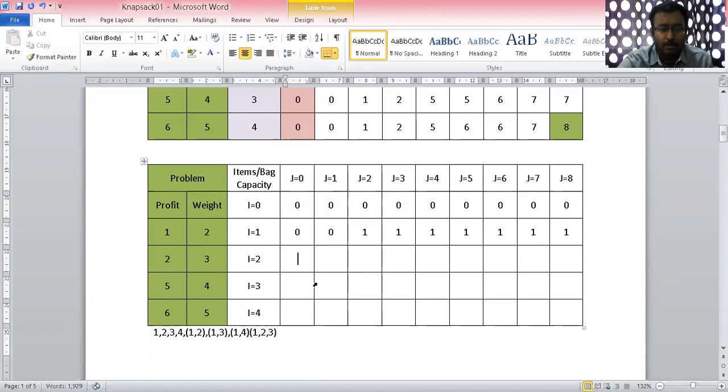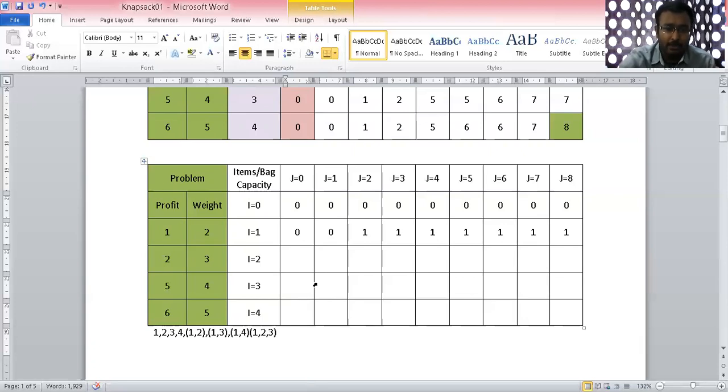Now moving on to the second row. Now I have the choice of 2 items that can be added into the bag, but keeping in mind that I should not exceed the bag capacity and also I should achieve maximum profit. These two constraints you keep in mind. So now I have 2 items with me, that is item number 1 and item number 2.